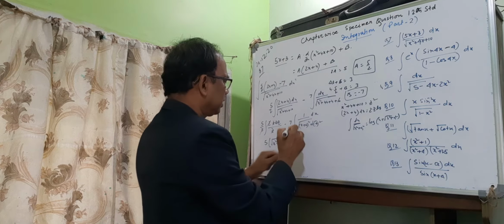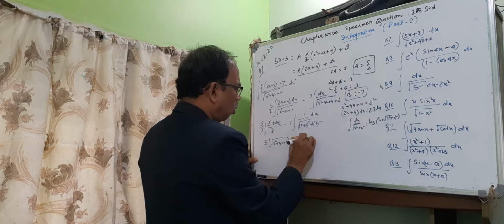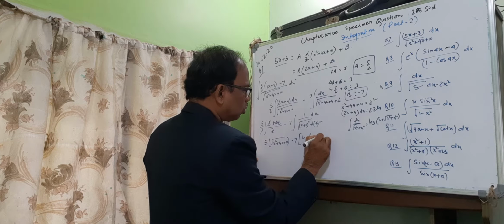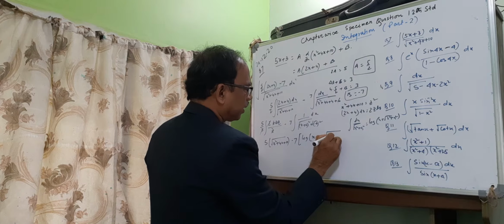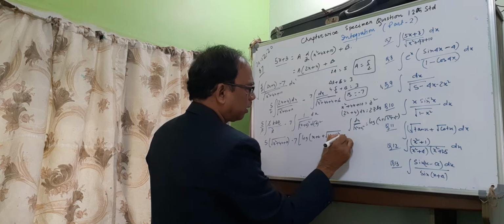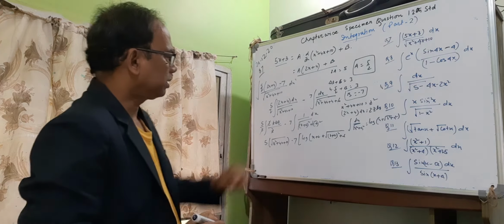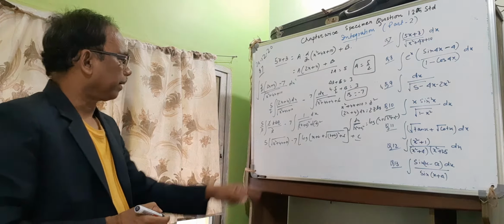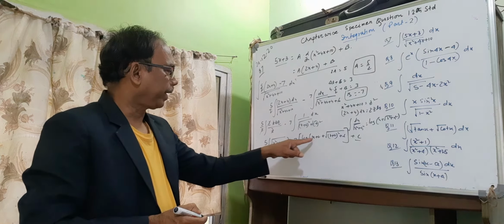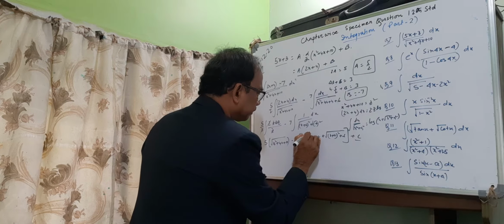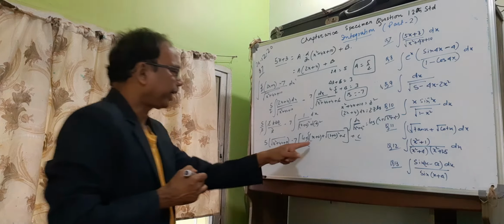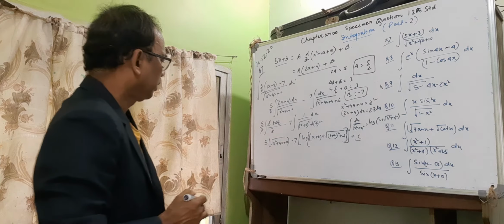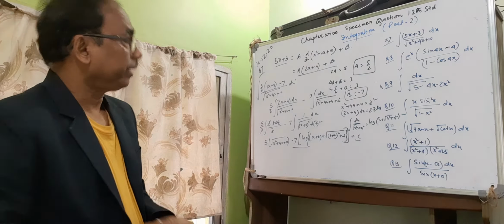Here we can write log of x plus 2 plus root over of x plus 2 whole square plus 6, a square means 6, plus c, where c is an arbitrary constant. Okay, that is the answer of the given integration.